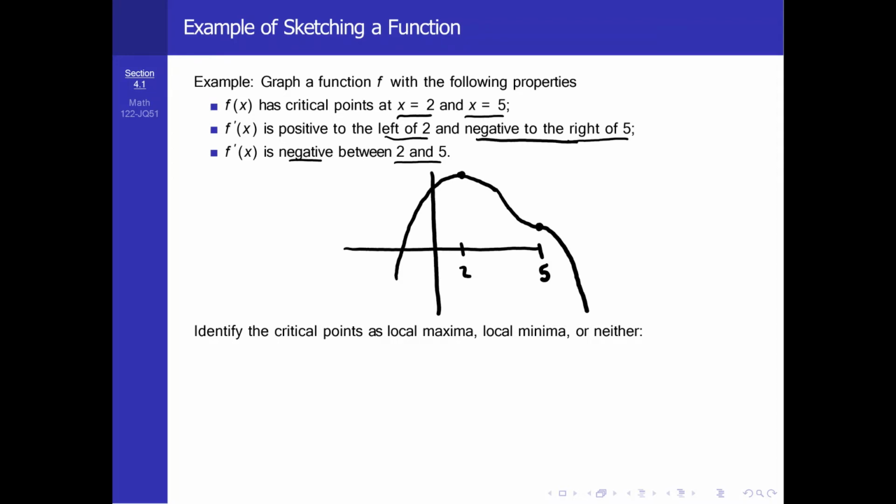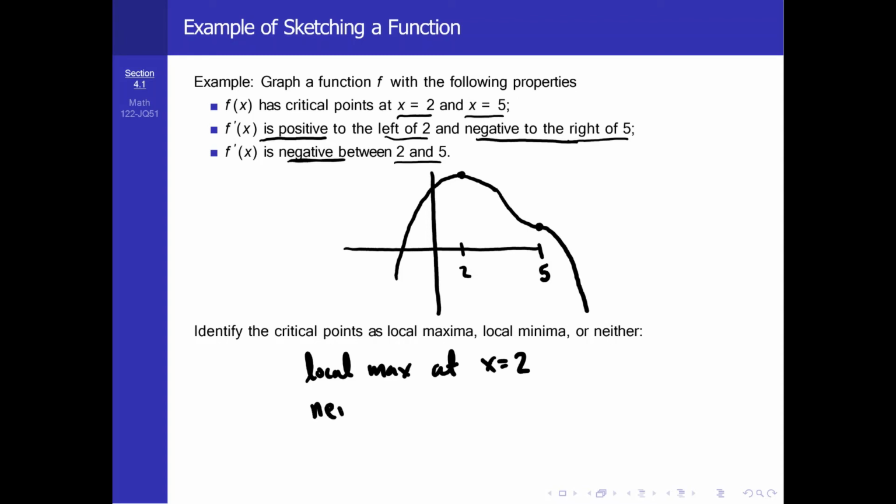So if I look at 2, I definitely have a local max at x equals 2. And this is because the derivative is positive to the left of 2, and it is negative to the right of 2. On the other hand, if I look at x equals 5, well, the derivative to the left of x equals 5 is negative, and the derivative to the right of x equals 5 is negative.